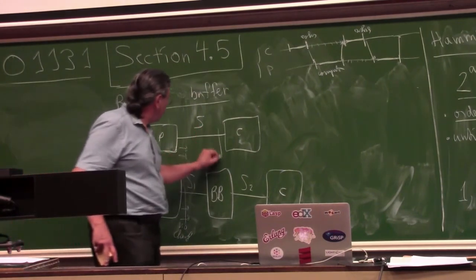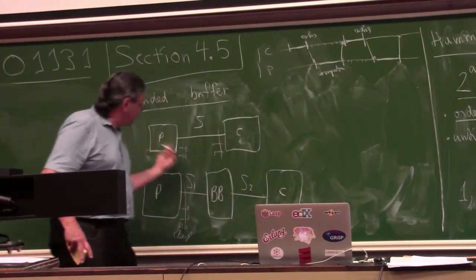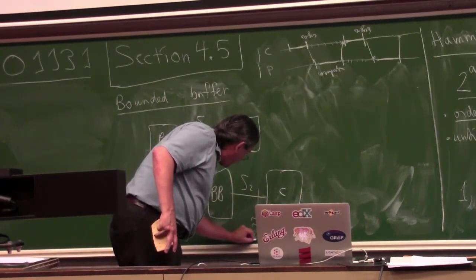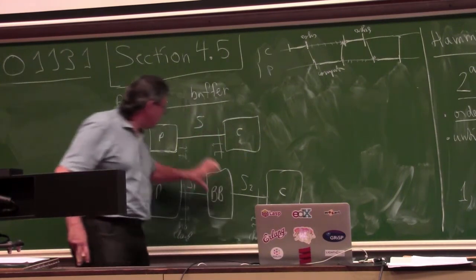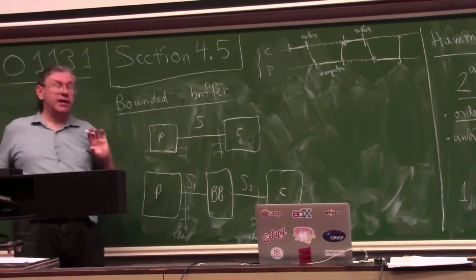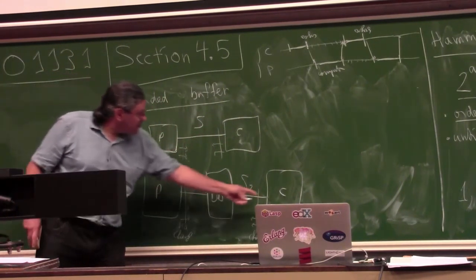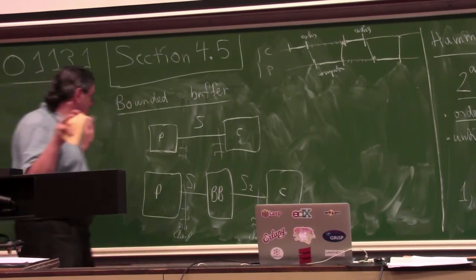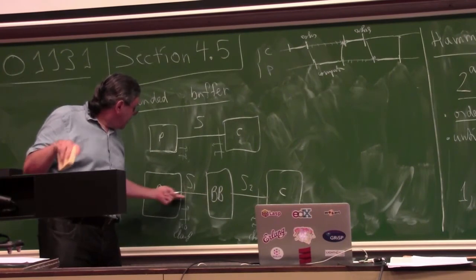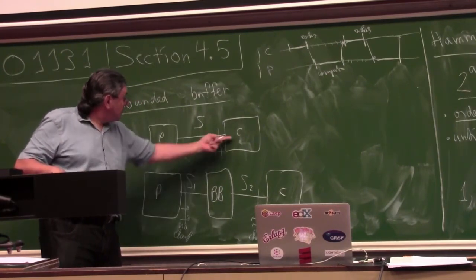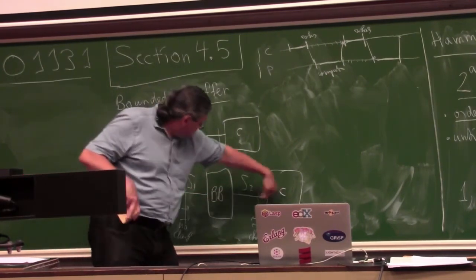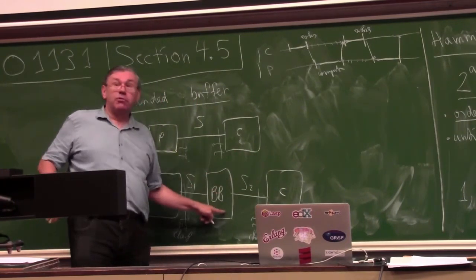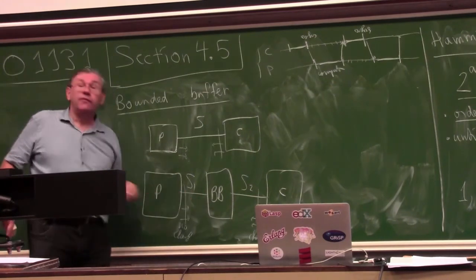And the consumer thinks it's looking at the producer. The consumer also sees no change. So this component is completely modular. You can put it in, you can take it out, and the code of the producer and the consumer does not change. The bounded buffer has the same interface as the consumer on its input, and on its output it has the same interface as the producer. So to the consumer it looks like a producer, to the producer it looks like a consumer.